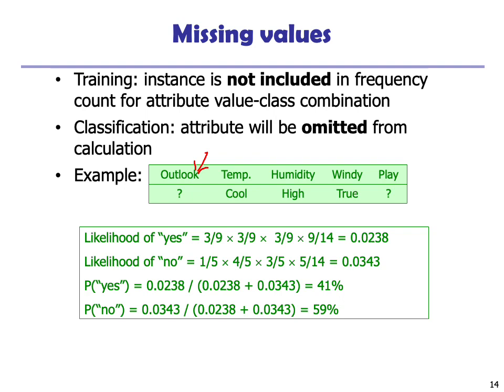One simple way that naive Bayes deals with missing values is to not include it at all in the frequency count, which means we're just going to ignore this attribute when we are doing the calculation. Therefore, in the likelihood of yes, we're just considering the temperature cool, the humidity high, the windy true, and the prior knowledge of the class.